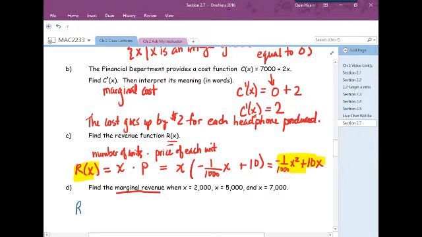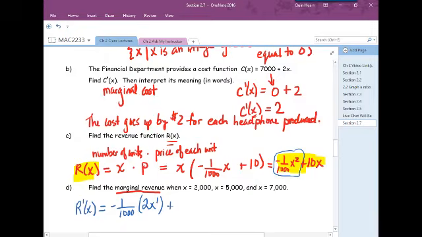All right, so to find R prime of X, we're going to first focus in on this first term. Remember, the coefficient stays the same when you take the derivative. So negative 1/1000, and then we're going to multiply by the derivative of X squared. That's a power rule, so you're going to bring the 2 out front and subtract 1 from it.